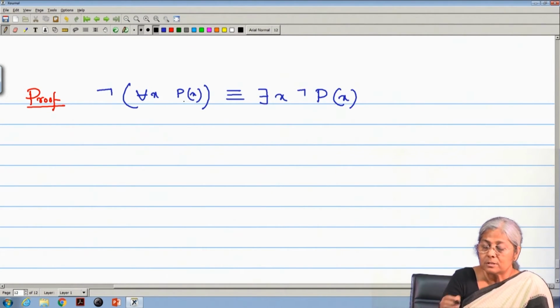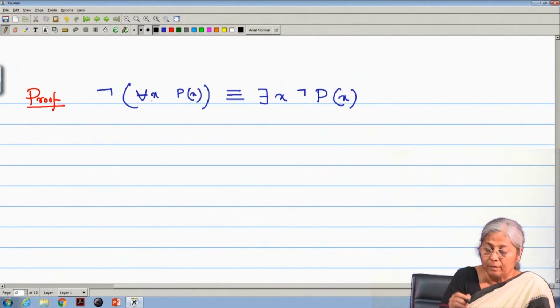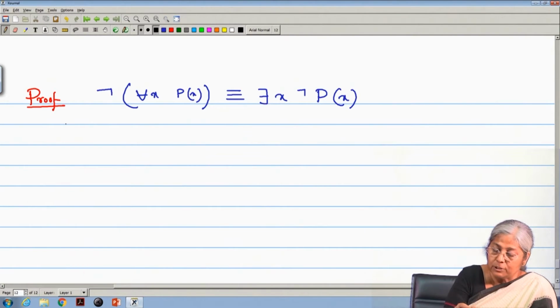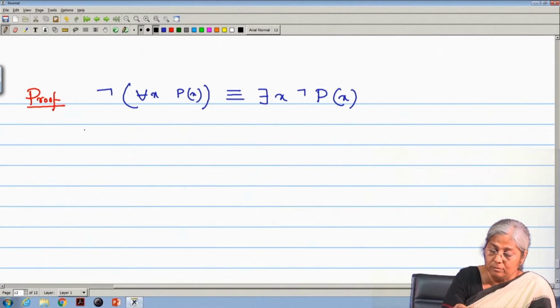So, we start with the left hand side, which is the negation of some universally quantified statement.